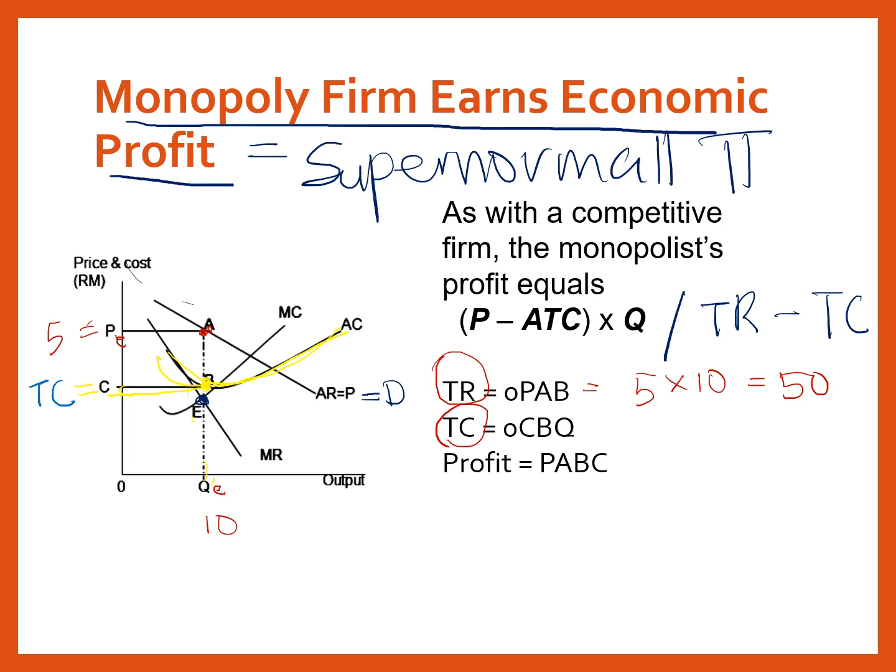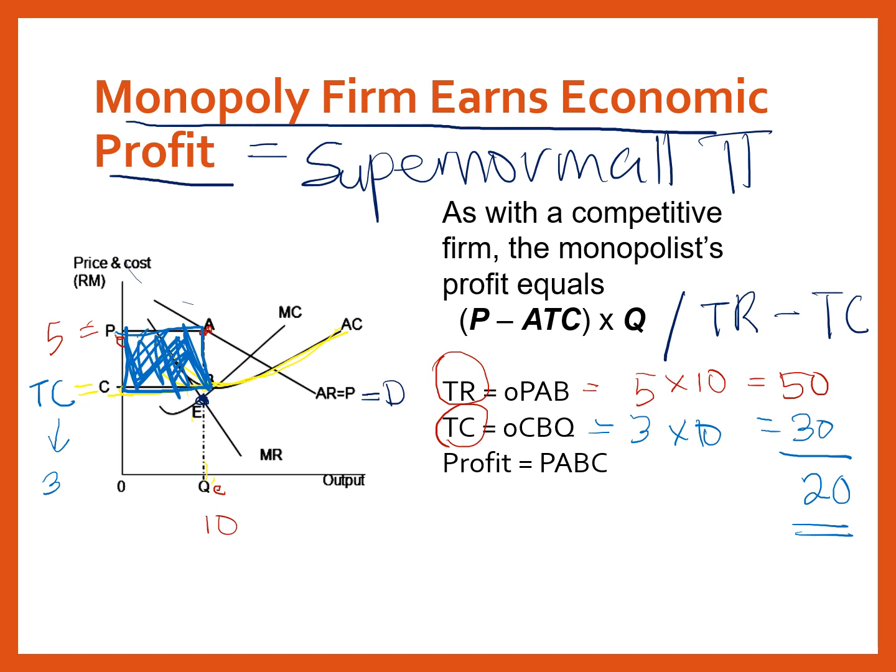So you akan dapat total cost you, contohnya dekat sini saya letak nilai dia adalah 3 lah. Okay, so the total cost is equals to 3 kali dengan 10 is equals to 30. So profit you akan dapat 50 tolak 30 is 20. Sebab tu dia kata kat sini profit is PABC.